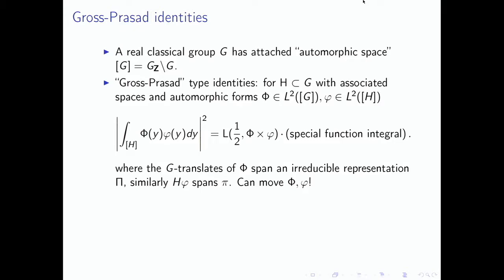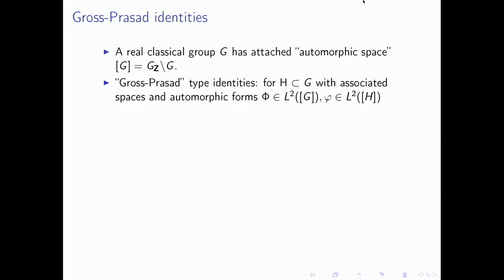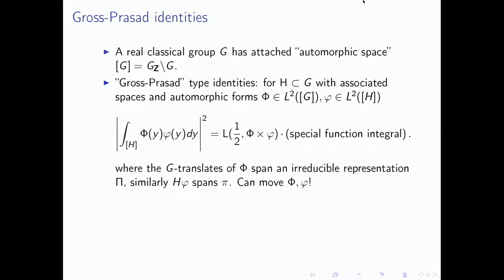We don't need to know the exact definition of automorphic form, but what is important is that, like everything else in this talk, the G translates of this function span an irreducible representation, and the H translates of this function span an irreducible representation. They're special in the sense that they live inside irreducible representations, just like spherical harmonics.